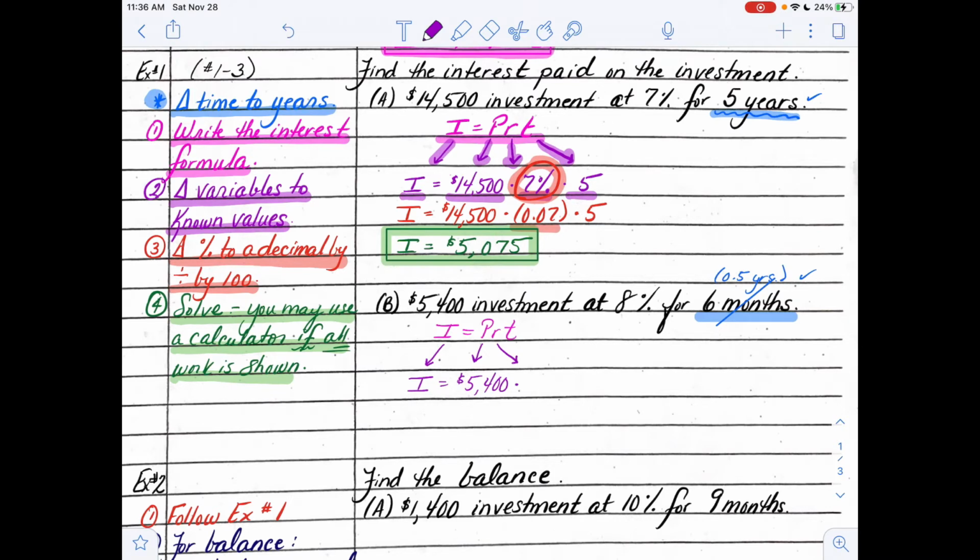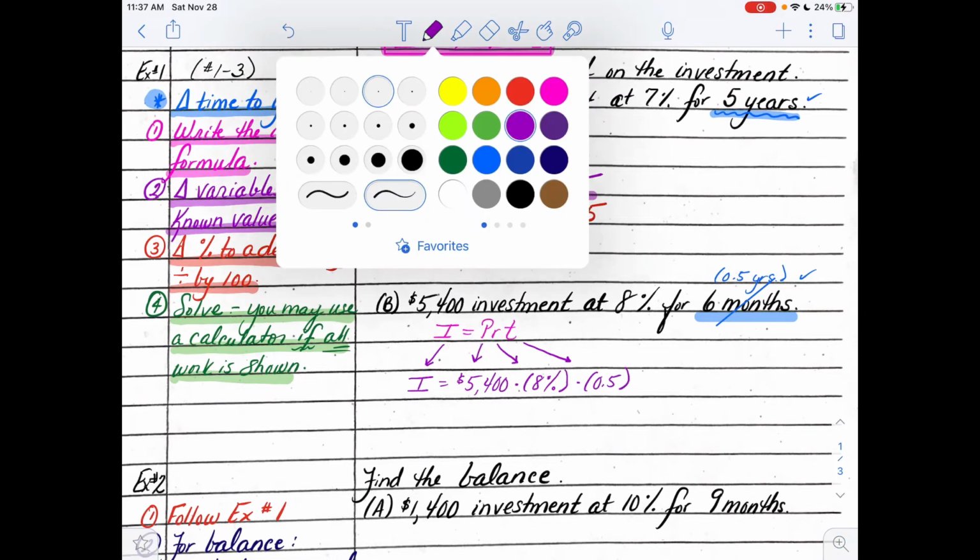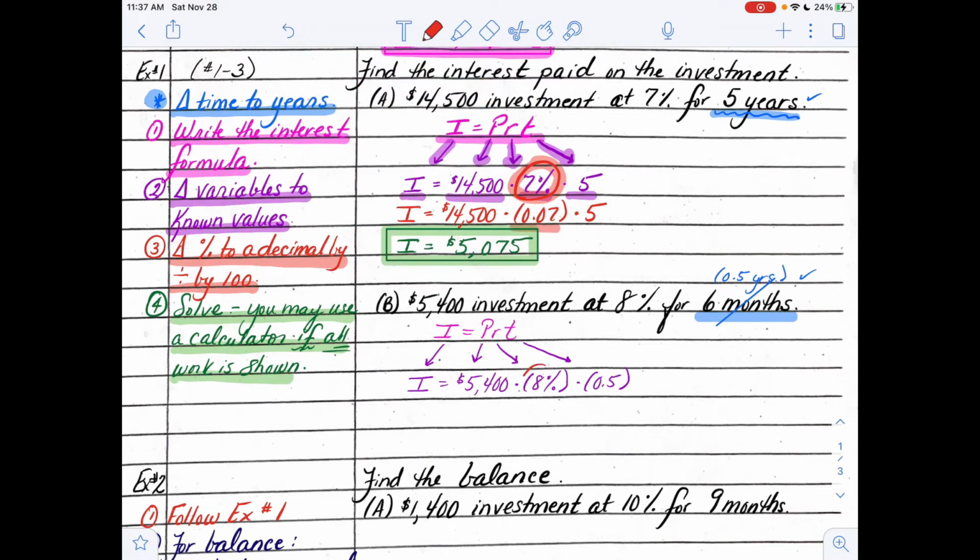R, what rate are they going to pay? 8%. Time, how much time am I allowing them to use my money? 6 months, but we know that is 0.5 years. Now we are going to make sure that we change that percent to a decimal.